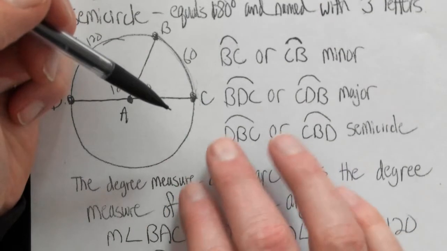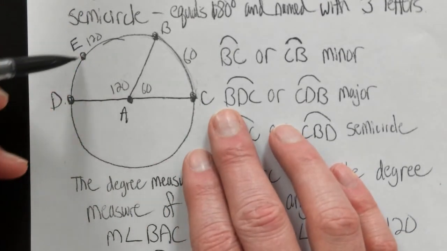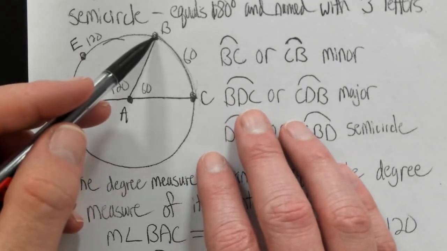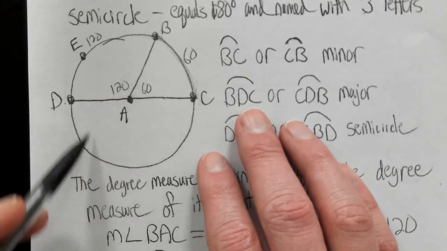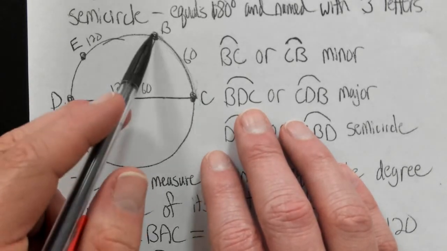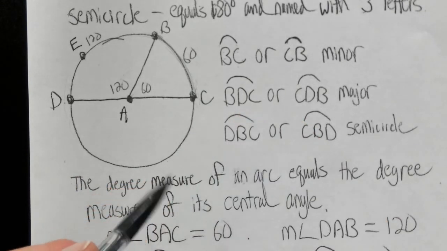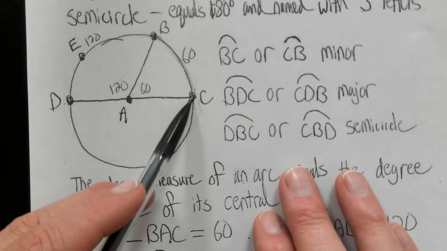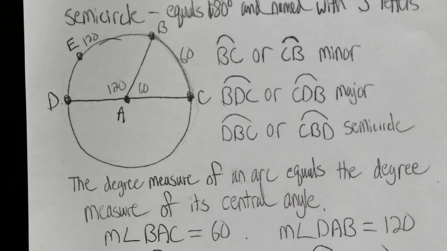Now, for a major arc, consider the arc from B all the way around the long way to C. From B to C there's a short way, which is a minor arc, but there's a long way, which is a major arc. Going the long way around is more than 180 degrees, so it's more than half the circle, and it's a major arc.